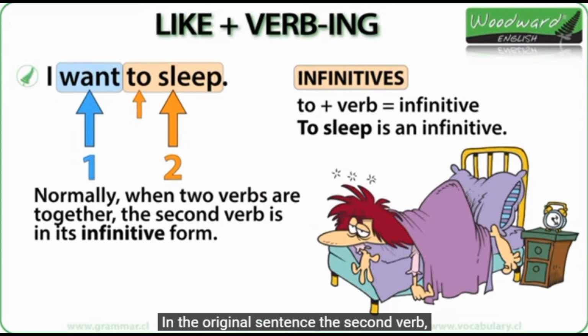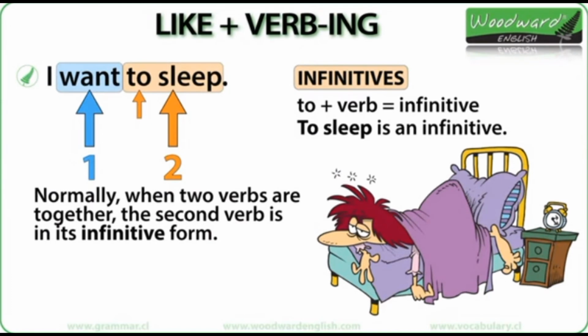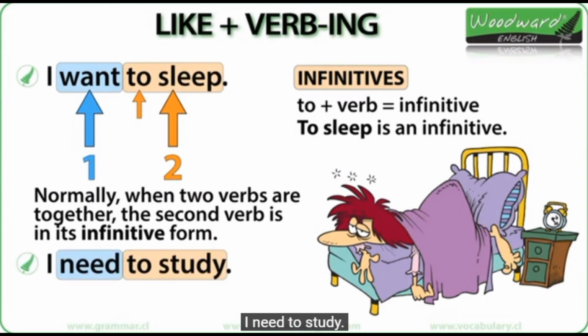In the original sentence, the second verb, sleep, is in its infinitive form, to sleep. I want to sleep. Another example. I need to study. There are 2 verbs in this sentence. Verb 1, need, and verb 2, study.